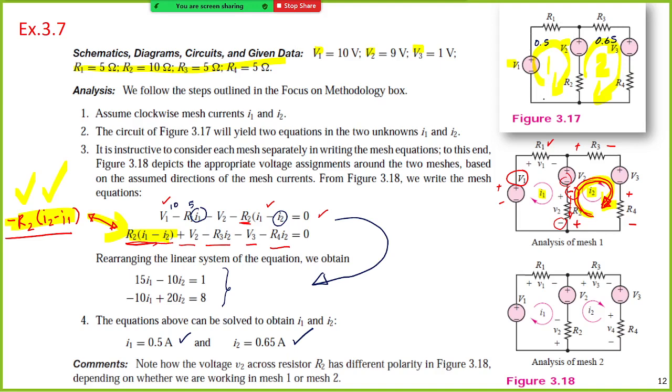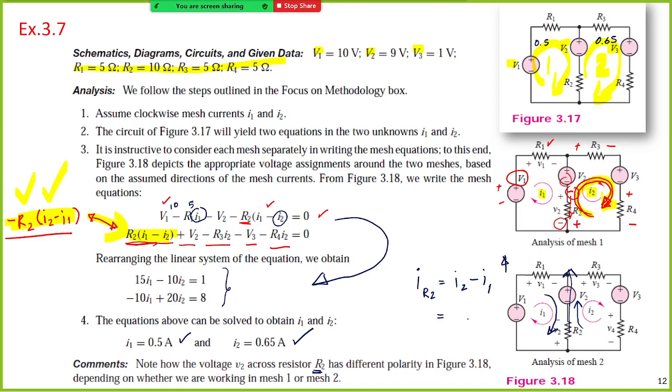So what is the current flowing across R3? Across R3, it would be I2 minus I1. The current flowing in the upper direction, I2 minus I1, will be 0.15. So the current across R2 would be I2 minus I1, in the upper direction, right here.